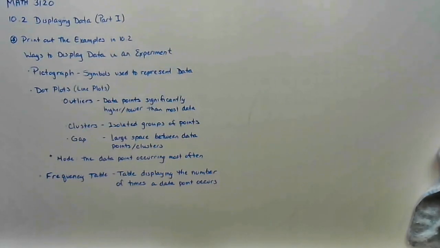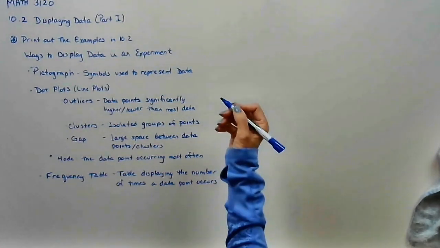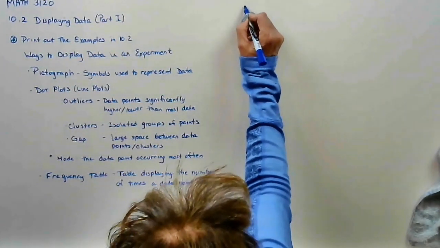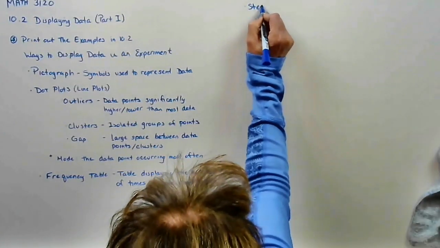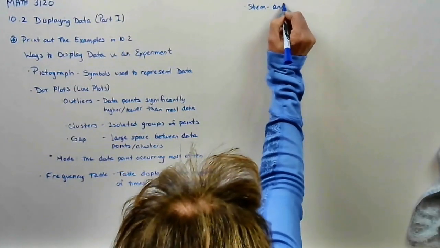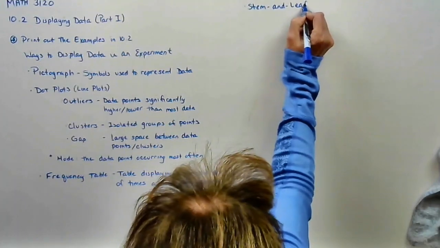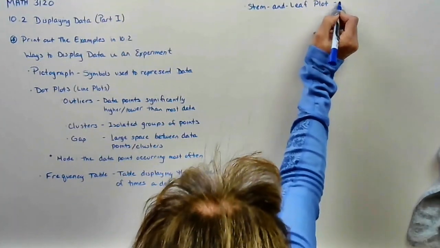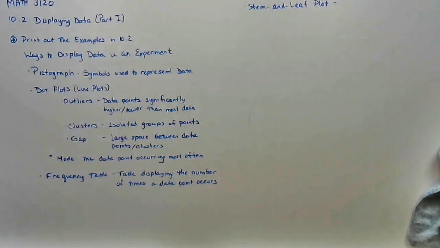Okay. I need a little more room for the next one. The next one we're taking a look at is a stem and leaf plot. A stem and leaf plot orders your data. So it has the data written from the lowest to highest or the highest to lowest.